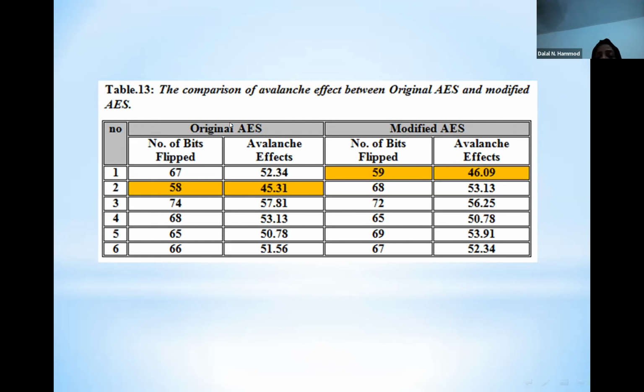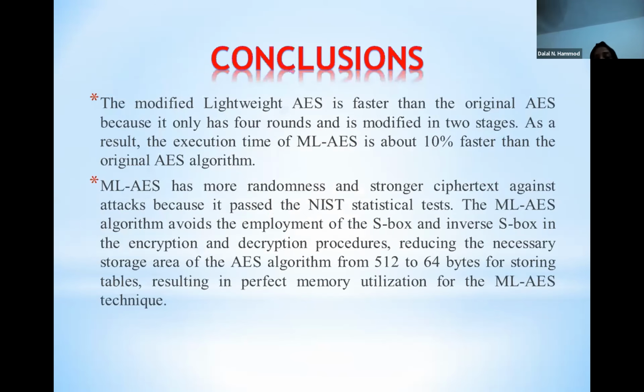The minimum value in the original AES is 45.31, and the minimum value in modified AES is 46.9. This is the better result in modified AES for the avalanche effect.